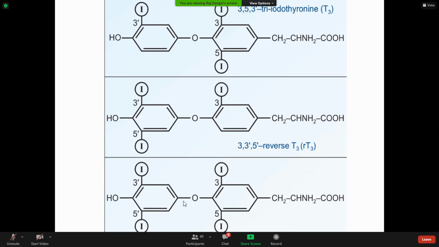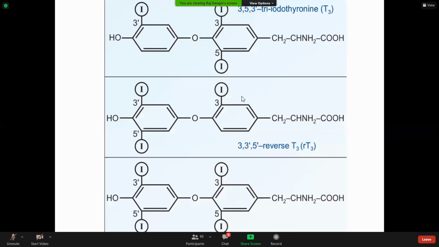Similarly, in the case of triiodothyronine, T3, the iodine is bound at the third position, fifth position, and the 3' position. And in some tissues of our body, another thyroid hormone is also present, which is called reverse T3 or inverted T3, which contains iodine at the third, 3', and 5' positions.